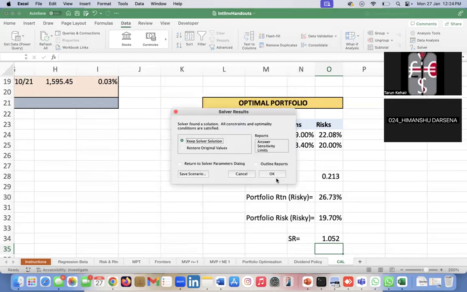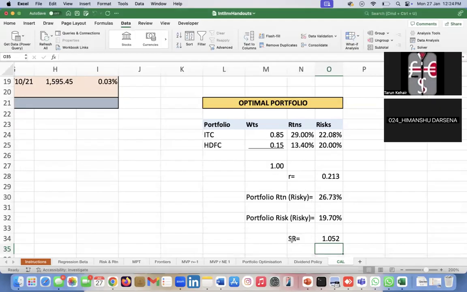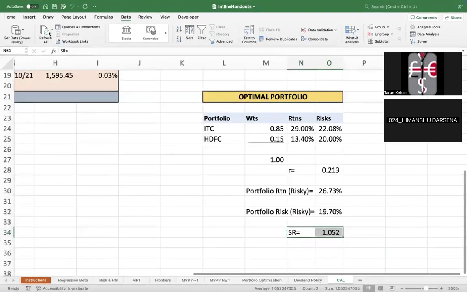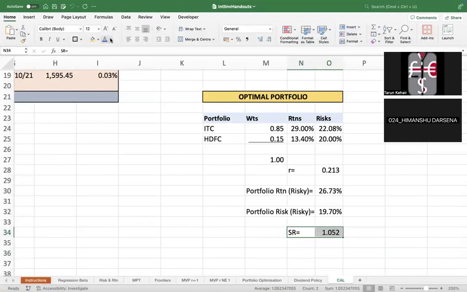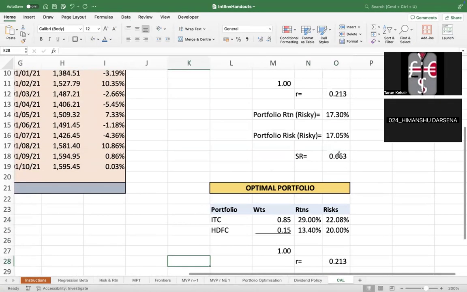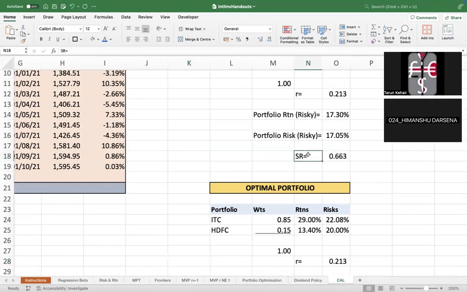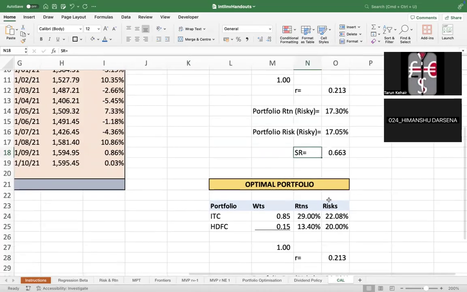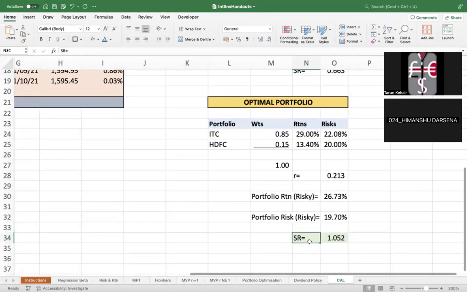So now you see that the Sharpe's ratio is maximized to 1.052. It is much higher than the base case Sharpe's ratio. The base case Sharpe's ratio was 0.663 and the maximized Sharpe's ratio is 1.052.